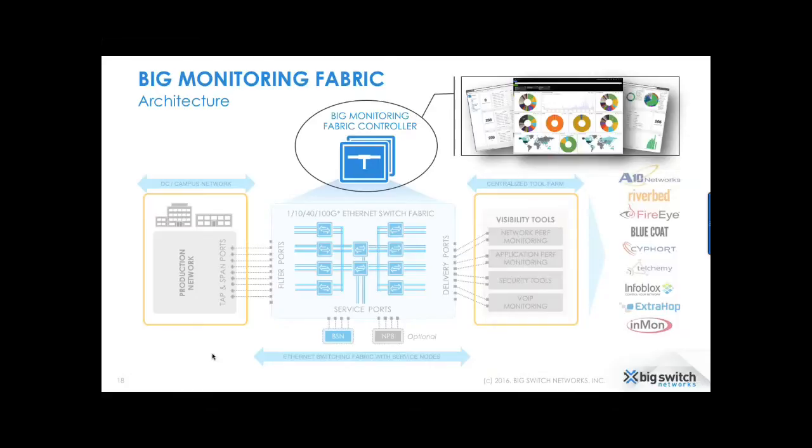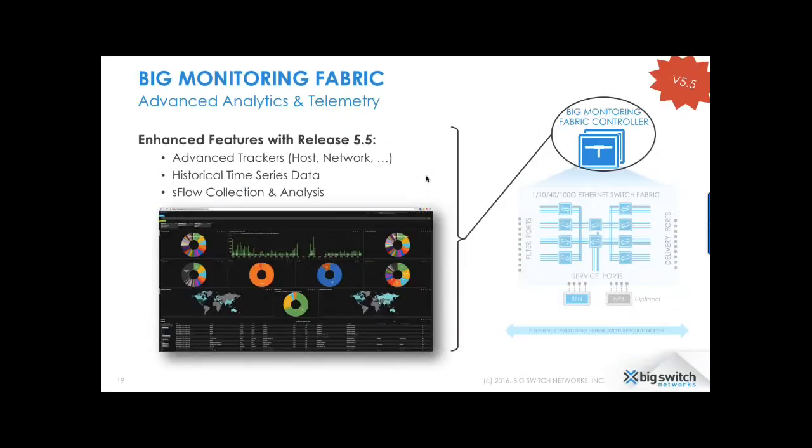You can have your own programs that trigger events that can program policies, but we've had that for a pretty long time. What we've also had is this capability for advanced analytics and telemetry. With release 5.5, we've taken it to the next level.